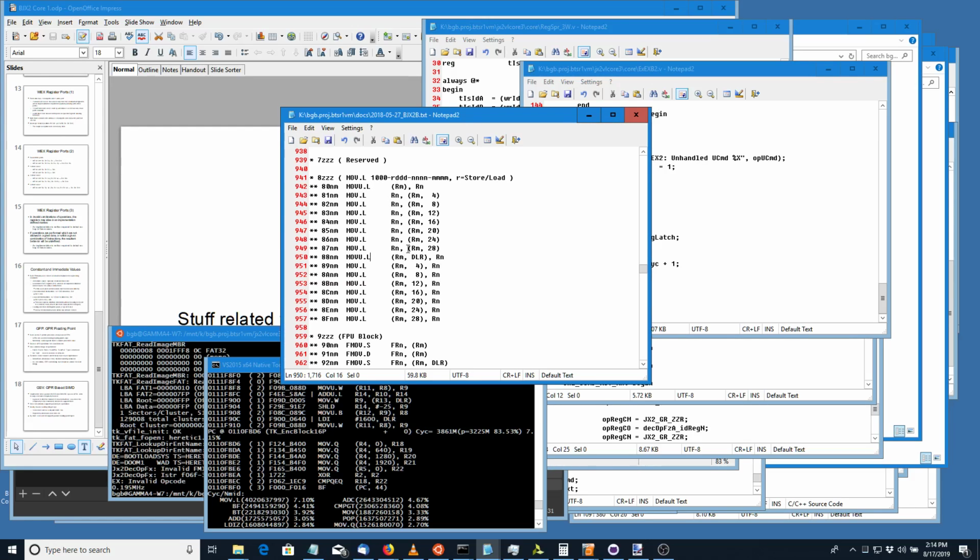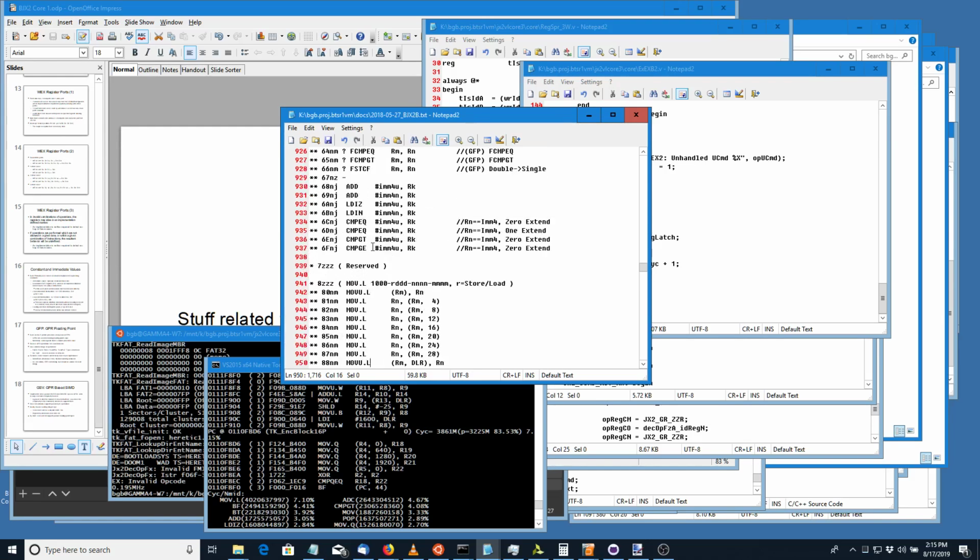So because the displacement of 0 was redundant with the ones that didn't use a displacement, the ones with a displacement 0 cases were reused as 0 extending loads in case of double word.